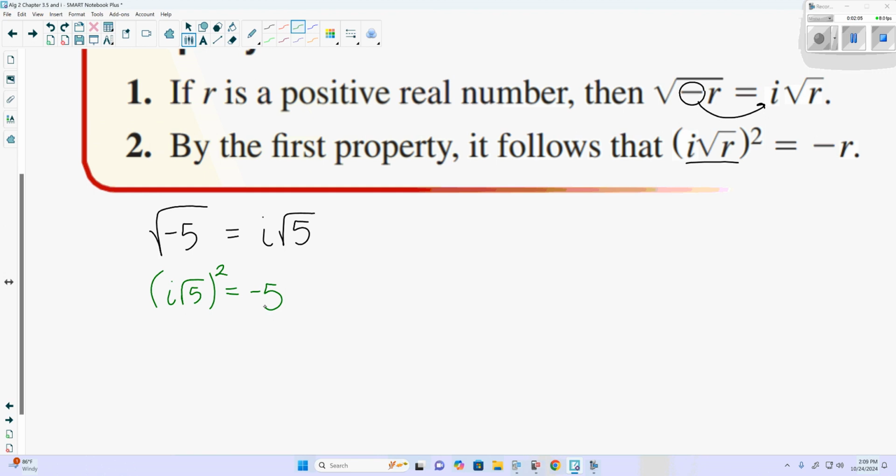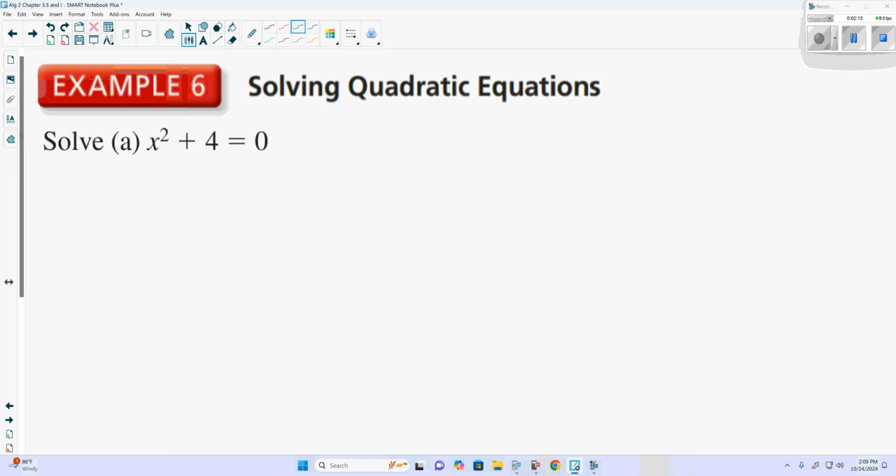So, what we're going to be looking at first is solving quadratics. If you didn't get that down, it's not that big a deal. Solving these quadratics, because up to this point, we've solved quadratics by factoring, graphing, and the square root method.